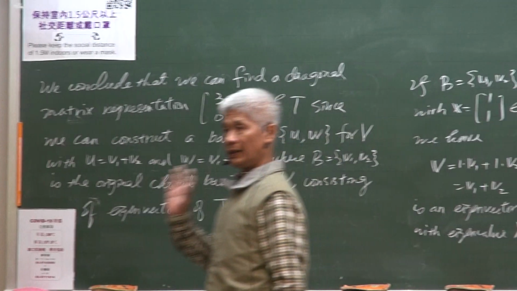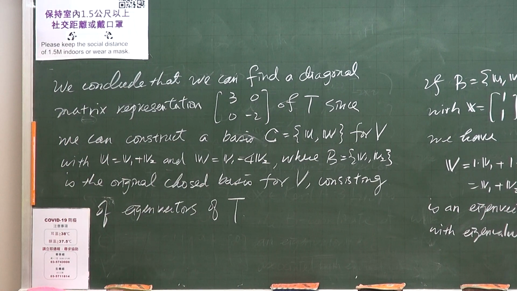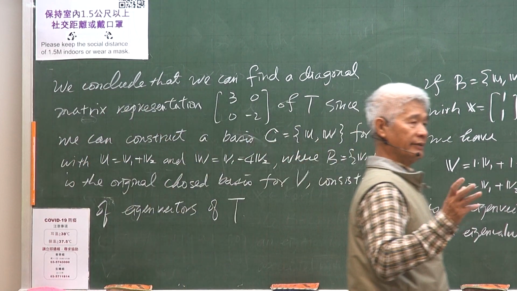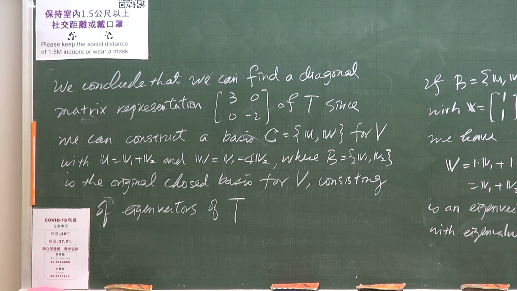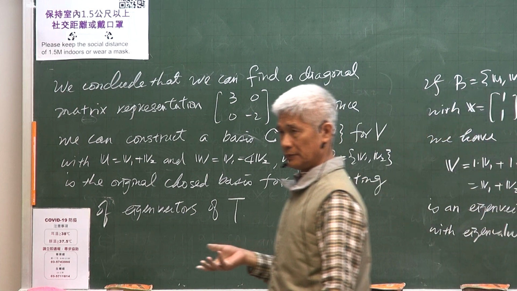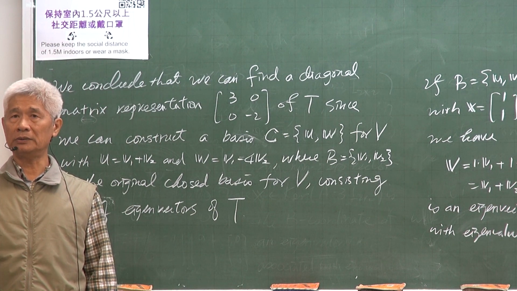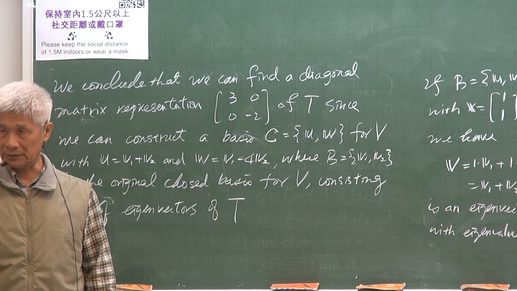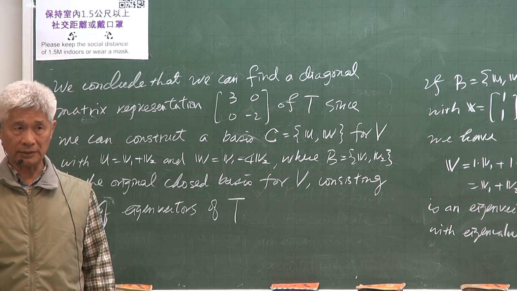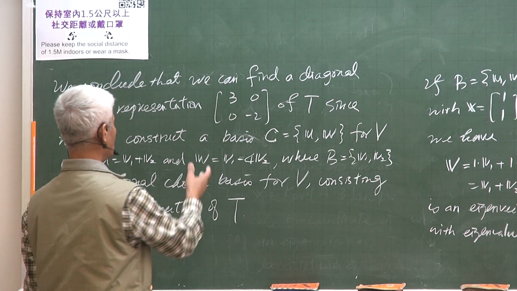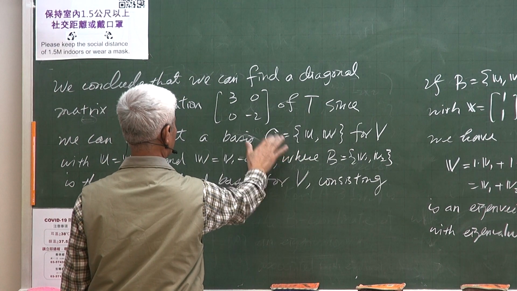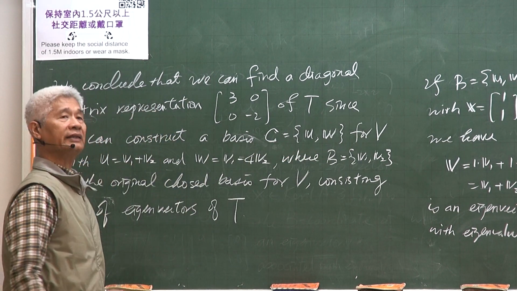Alright, so this is a very nice example, right? For this example, we find eigenvalues, and for each eigenvalue, we find eigenvectors. And we are very lucky that we can find a basis for the vector space V, and the basis vectors are all eigenvectors. That's the point. We call this an eigenbasis, okay?